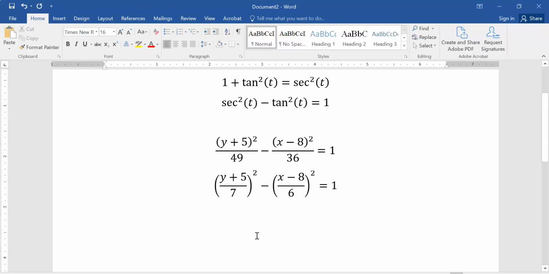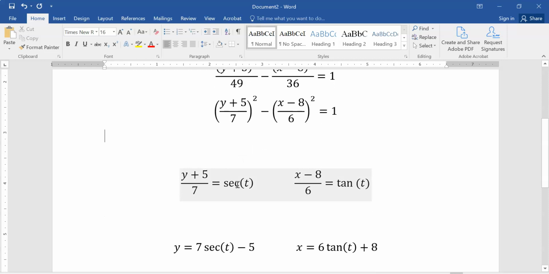All right, so I've done that below here. I've set y plus 5 over 7 equals secant, and x minus 8 over 6 is equal to tangent. Then solving for each, you'd multiply by 7, then subtract 5 from both sides. For the y equation, you'd end up with y equals 7 secant t minus 5. And for the x equation, multiply by 6 and then add 8.